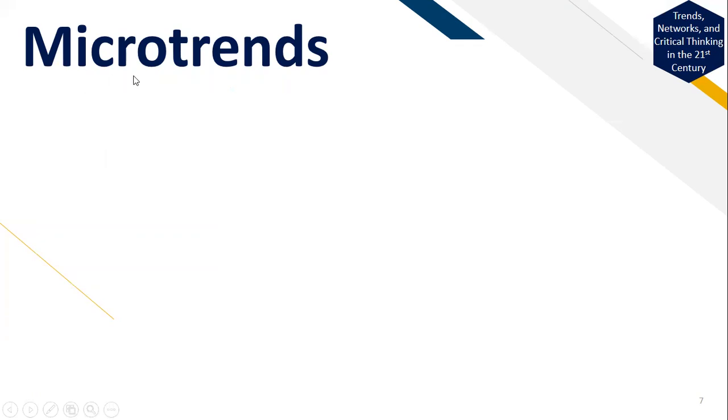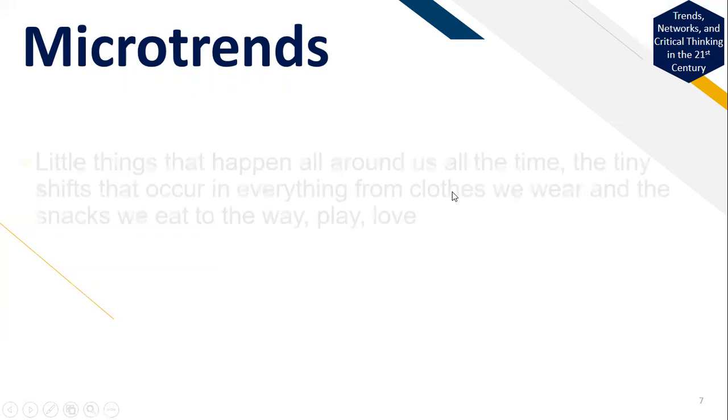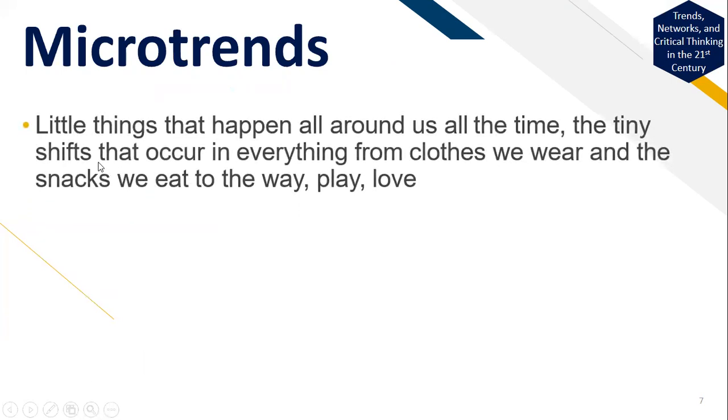When we say micro, it is literally small. Small trends. When we say micro trends, little things that happen all around us all the time, the tiny shifts that occur in everything from the clothes we wear and the snacks we eat to the way we play and love are micro trends.